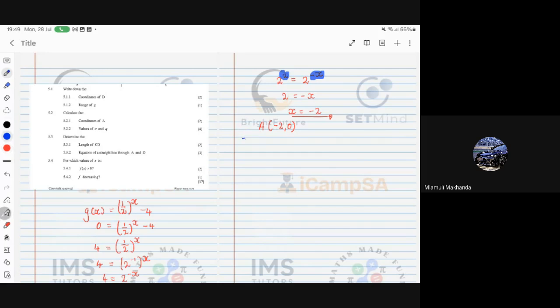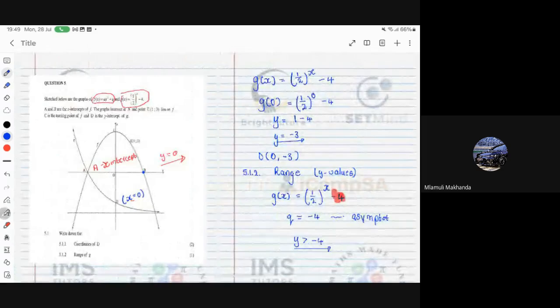Question 5.2.2. We're looking for the values of a and q, and it's 4 marks. So we're going to have a few steps here.